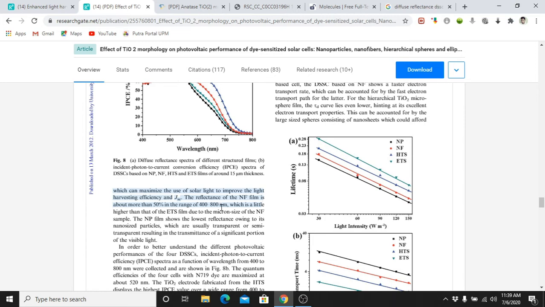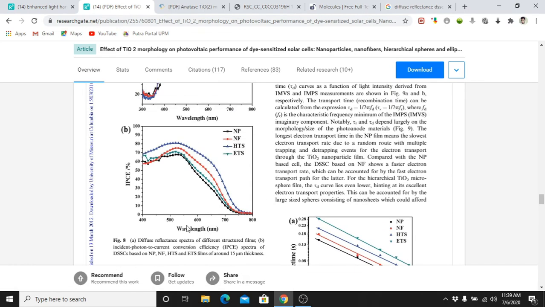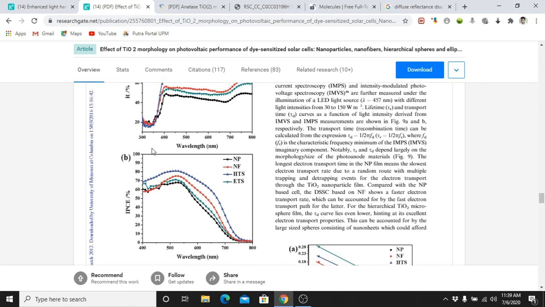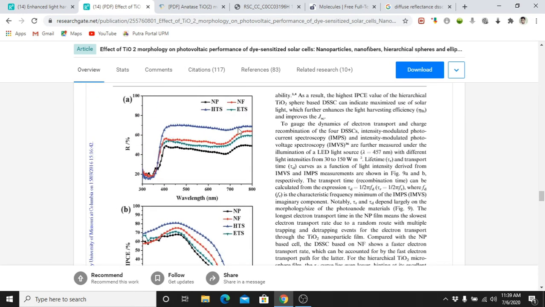The reflectance of the nanofiber film is more than 50% in the range of 400 to 800 nanometers, a little higher than the ETS film with the micron size of the NF sample. So they are talking about the size also. The main point is that the higher the diffuse reflectance, the higher the light scattering ability.